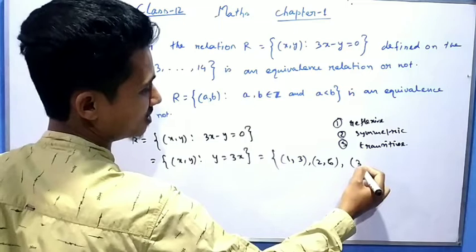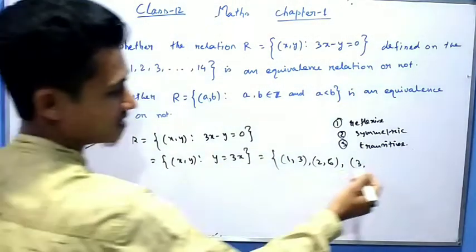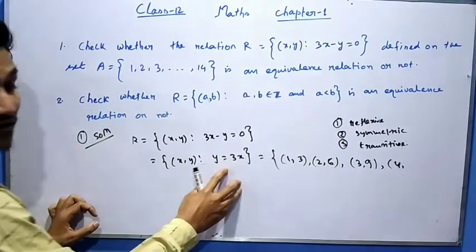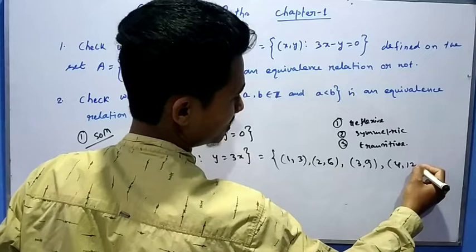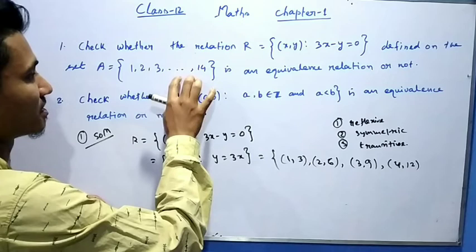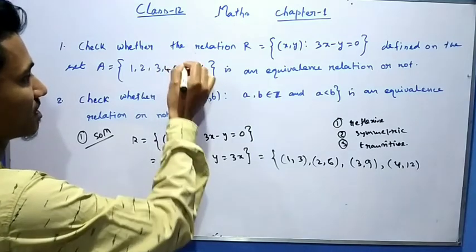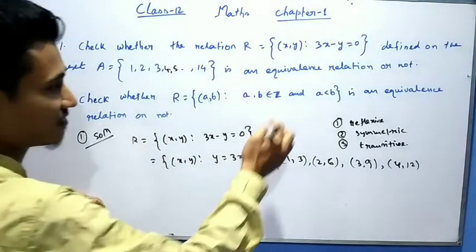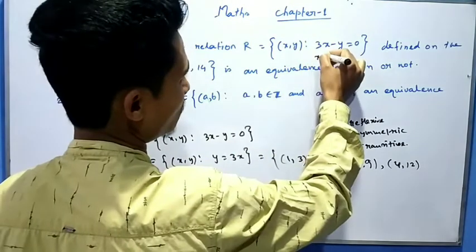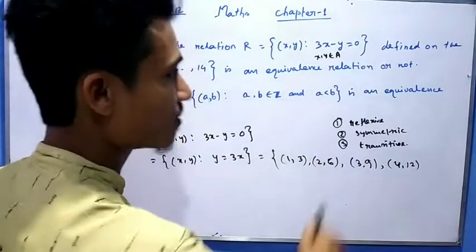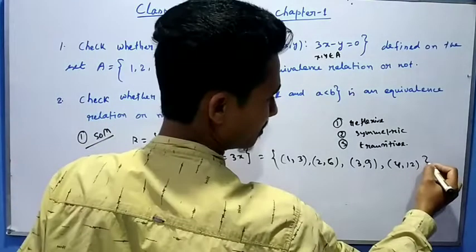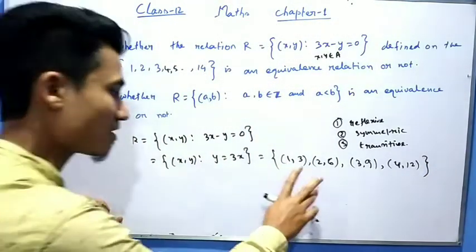If x = 3, then y = 9. If x = 4, then y = 12. If x = 5, then 3 times 5 is 15, but 15 does not belong to the set. Here both x and y must belong to the set A. So this is our relation.